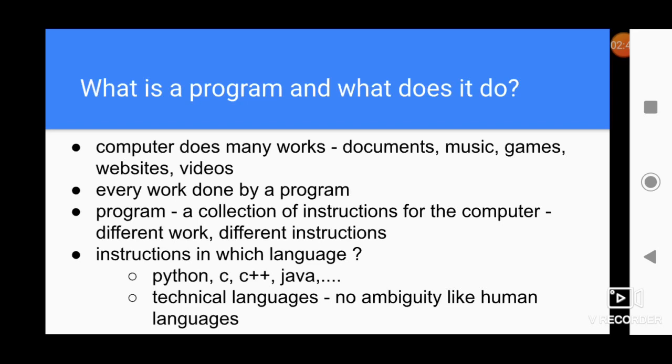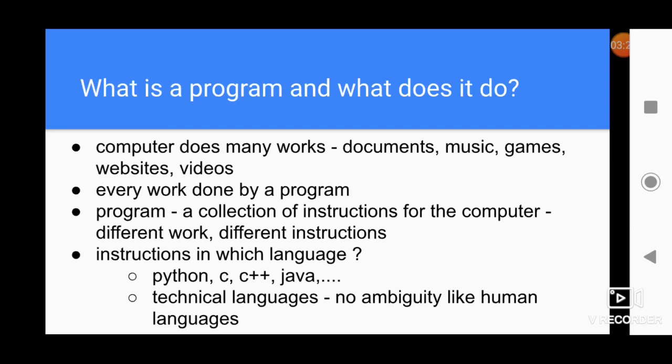For example, web browser software like Microsoft Internet Explorer, Mozilla Firefox, or Google Chrome will have different instructions in them than document editor programs like Word and Google Docs. And yet another category, media player software, will have still different instructions in them. So different activity requires different instructions in the program.